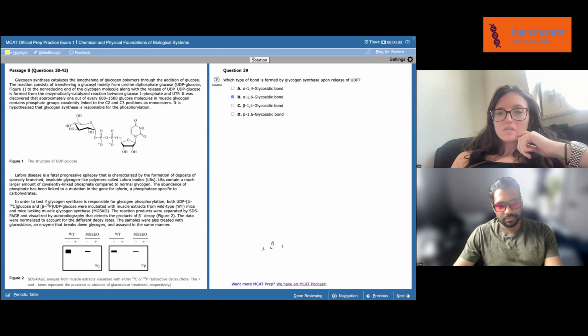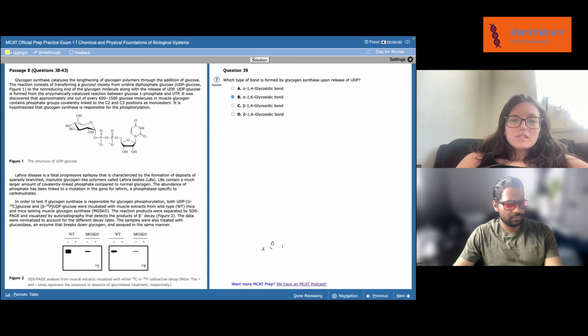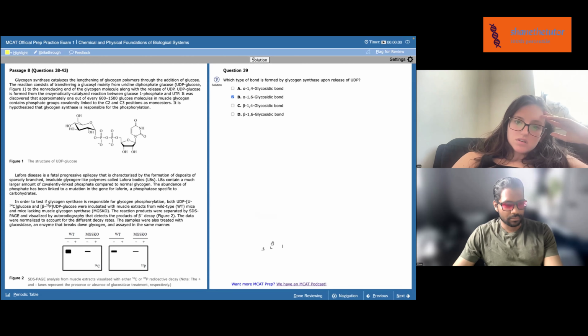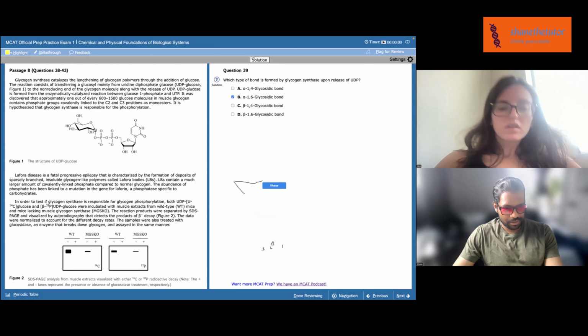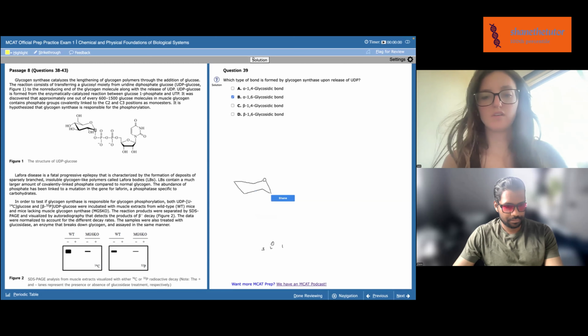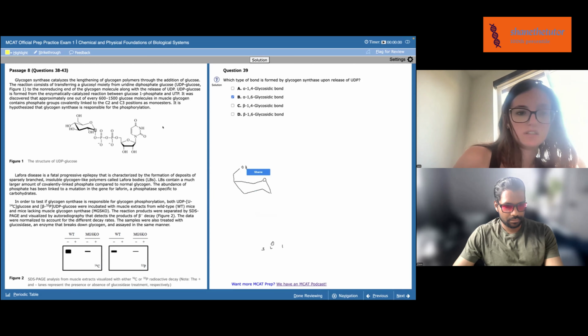What type of bond is synthesized by glycogen synthase? I always get confused with the alpha 1,4 and alpha 1,6 linkage bonds. I know it's not a beta linkage, but how do I tell, upon the release of UDP?